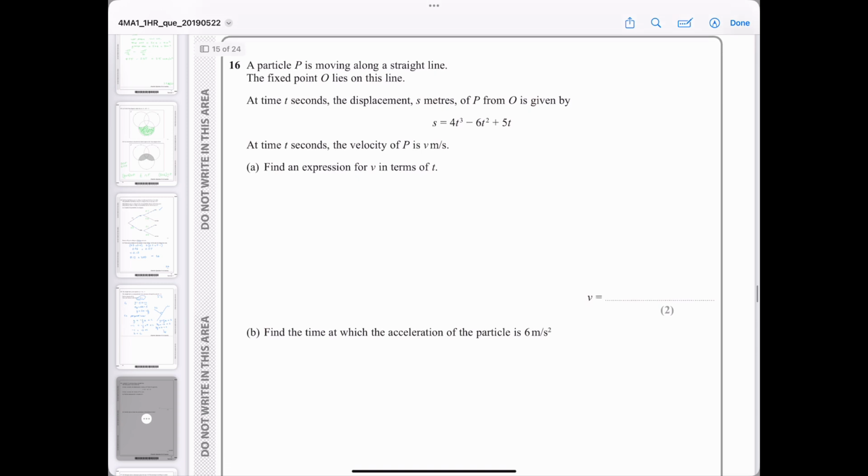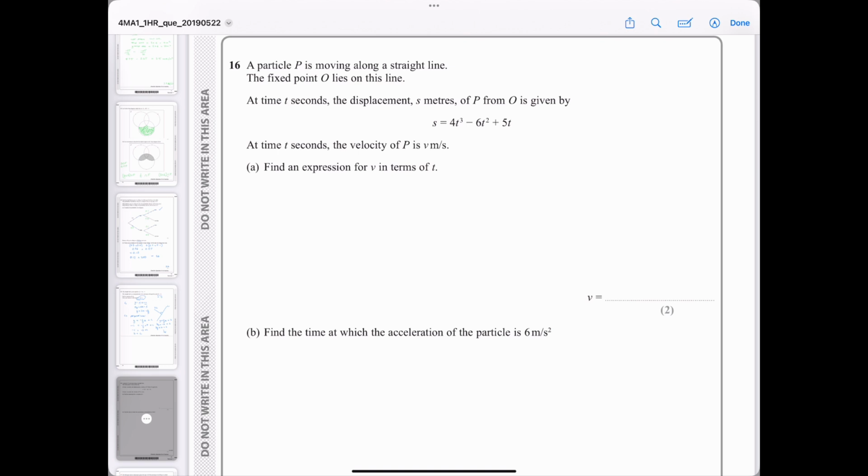A particle is moving along a straight line, and the fixed point O lies on the line. At time t seconds, the displacement is s meters away. At time t seconds, the velocity of P is v meters per second. Find an expression for v in terms of t. Okay, so you can kind of see what you have to do: ds by dt.